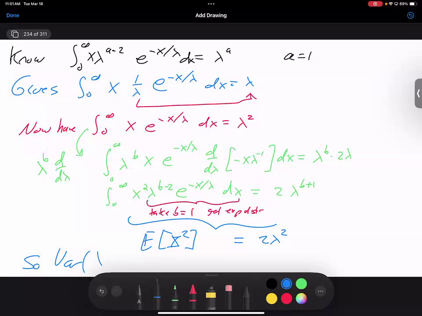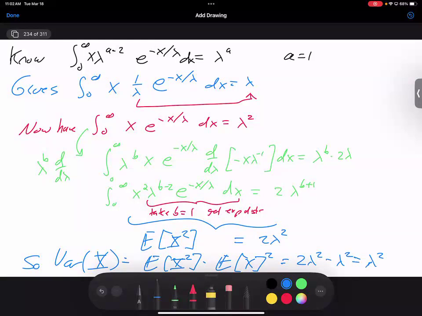So the variance of x is the expected value of x squared minus the square of the expected value of x. 2 lambda squared minus lambda squared is lambda squared. We just calculated the variance without doing 2 integration by parts.